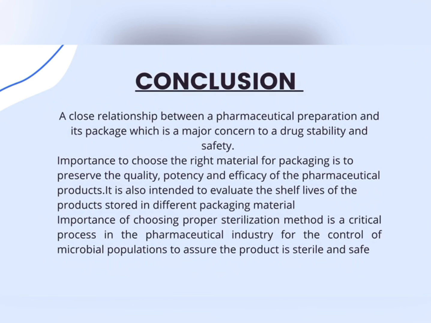It is also intended to evaluate the shelf life of the product stored in different packaging material, glasses. So, finally, importance of choosing proper sterilization method is a critical process in the pharmaceutical industry for the control of microbial population to ensure the product is sterile and safe.